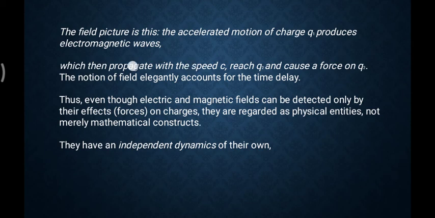Accelerated charged particles produce an electromagnetic wave. Why are we discussing these things here? Because we can take the help of the electric field. The wave propagates at the speed of light, reaches the q2 point, and causes a force on q2, the field elegantly accounting for the time delays and all that.